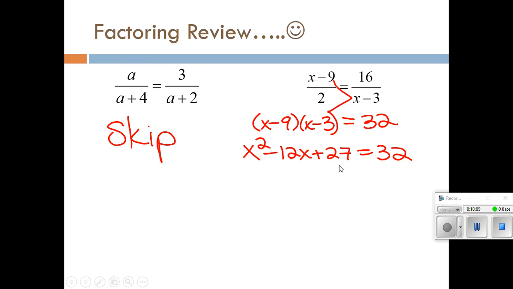Negative 9 times negative 3 is positive 27, equals 32. But you can just type this as is into the calculator and solve for x. So I'm going to show you.